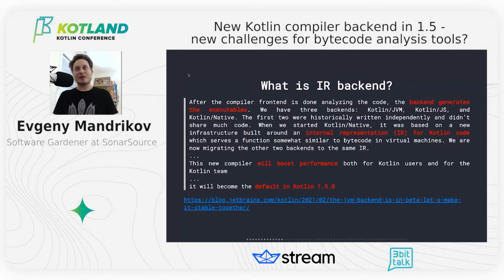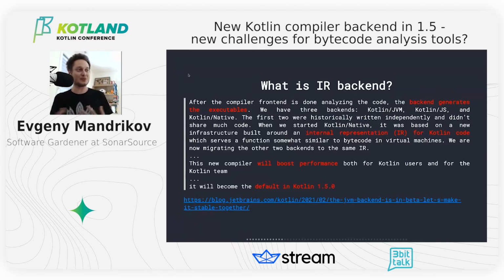And IR is the internal representation by a compiler of your source code. Historically, in the Kotlin compilers, there were multiple intermediate representations, and this was not convenient for the Kotlin compiler developers, a lot to maintain, and not convenient for the users.